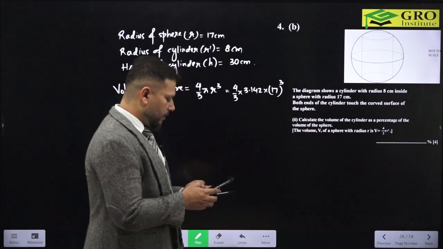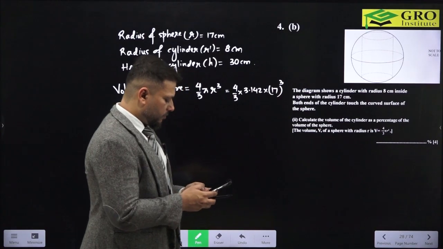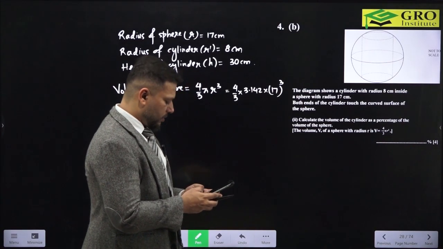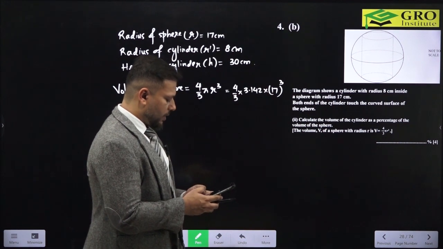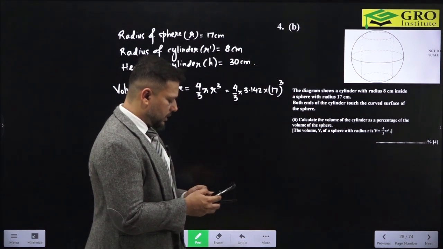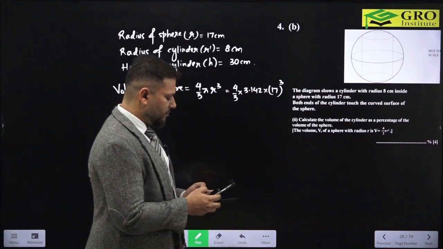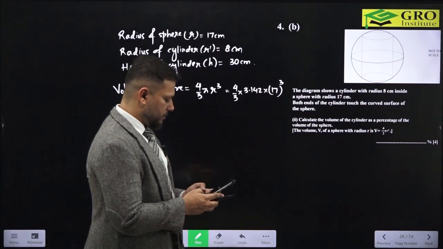So yes, we have 4 to be multiplied with 3.142, it results into this. That multiplies with 17 times 17 times 17, and then we will divide this whole thing by 3.